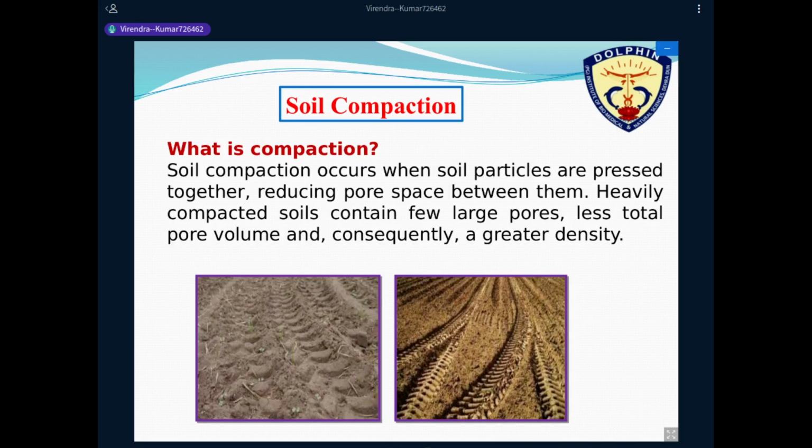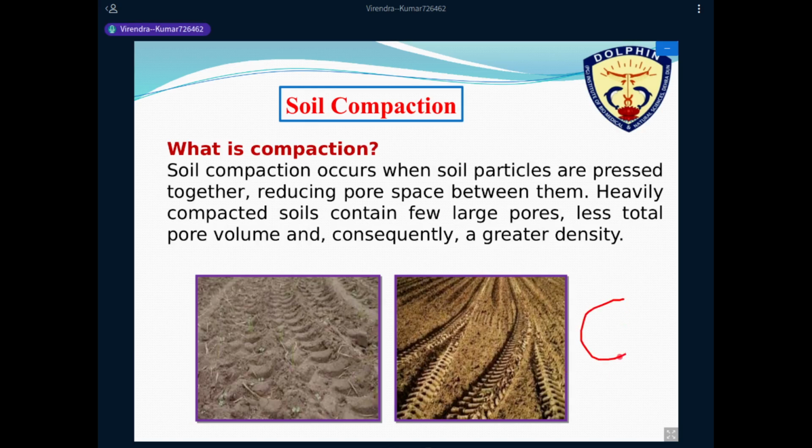So what is the condition of compaction? Mostly we know that in the composition of the soil, 50% is solid particles and 50% is space. And in this 50%, 20 to 30% of the space is filled with water and 20 to 30% is filled with air.